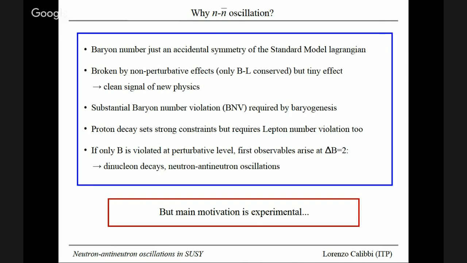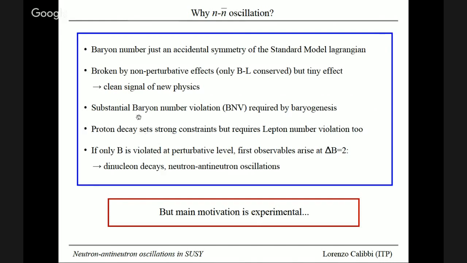A first process that we can think of as a baryon number violating process is, of course, proton decay. As we know, this has been searched for for many years, and present constraints are already very stringent on the lifetime of the proton.